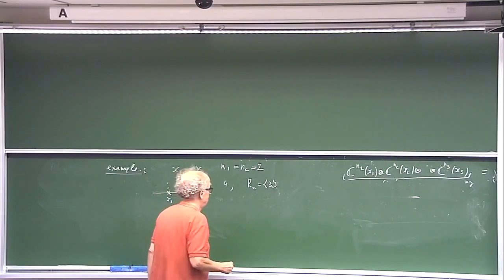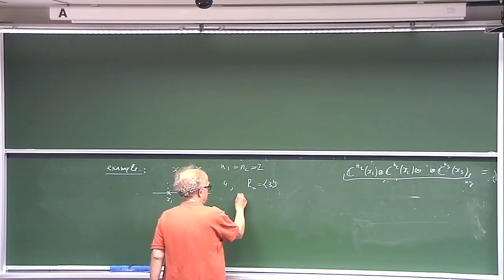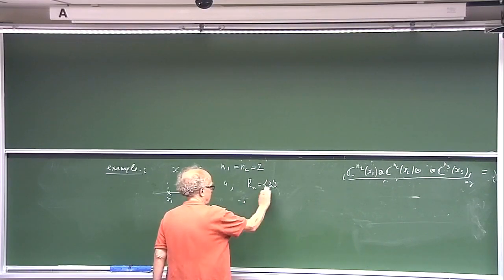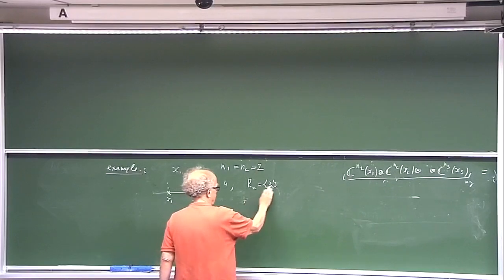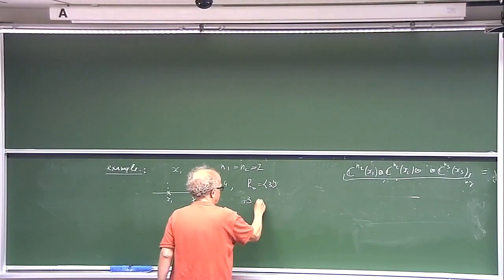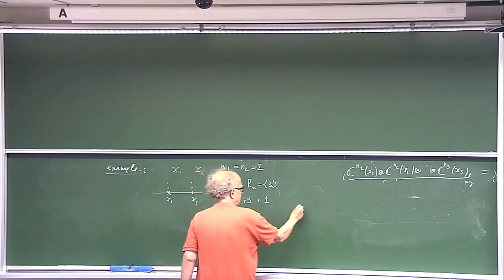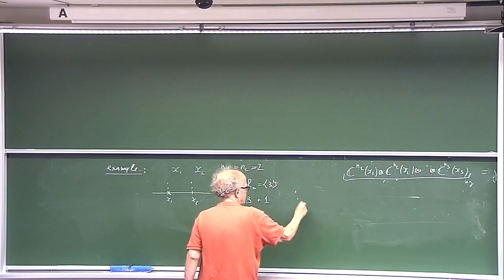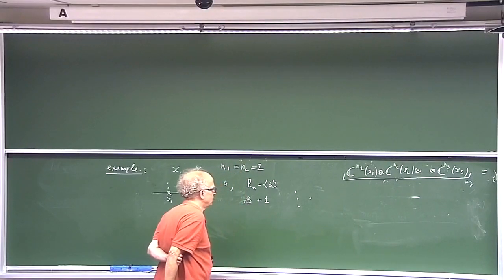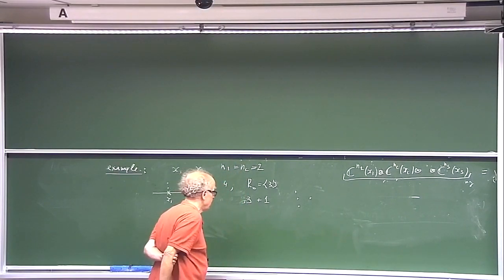Therefore, R0, the result of my adjoint space, is what? I have 3-dimensional space plus 1-dimensional space, and it is natural to write it this way.